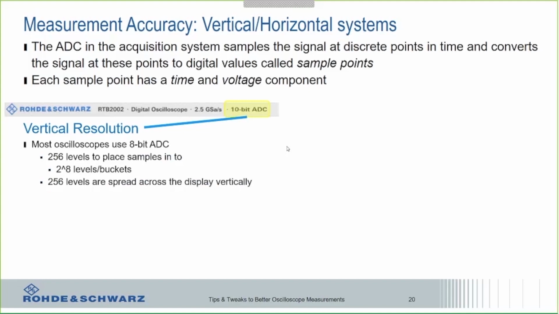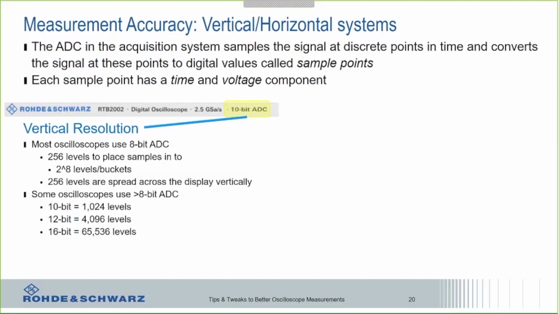So if you have 8 bits, you're going to have 256 levels to place those signals into, or 256 buckets across a display. And those 256 levels are going to be spread across your display. Your display from top to bottom might have 8 divisions or 10 divisions. With that, it's going to have those 256 levels roughly spread across those 10 divisions.